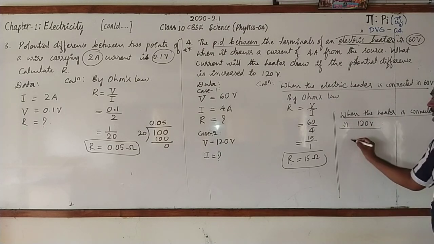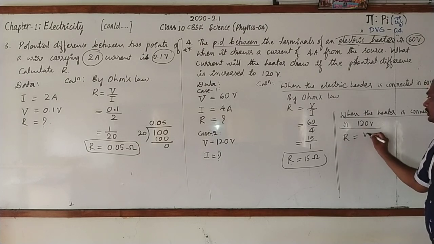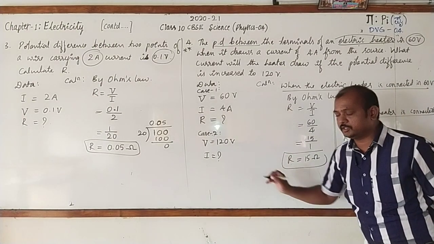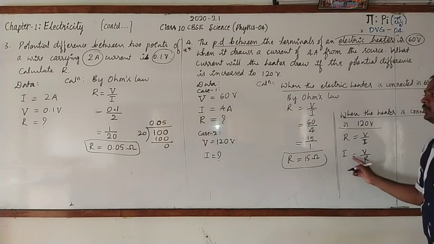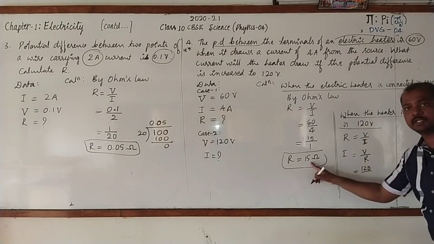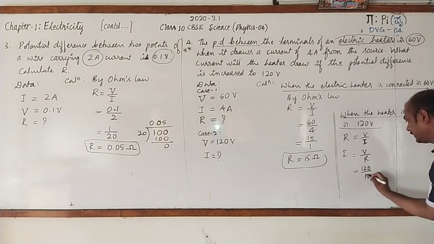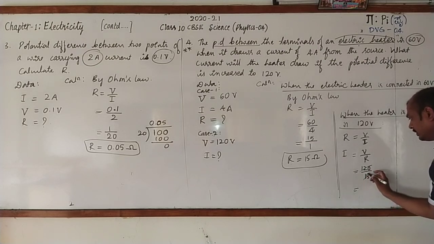Let us see that. Again by using Ohm's law, R is equal to V by I. You are going to find out current. I is equal to V by R, right? What is V? V is 120. What about the resistance? It is 15.